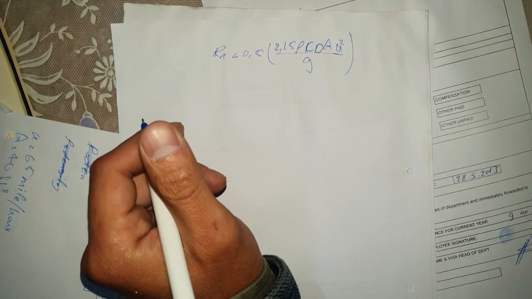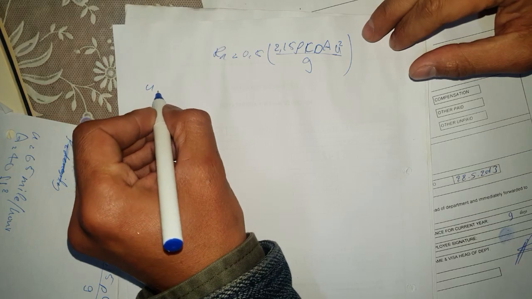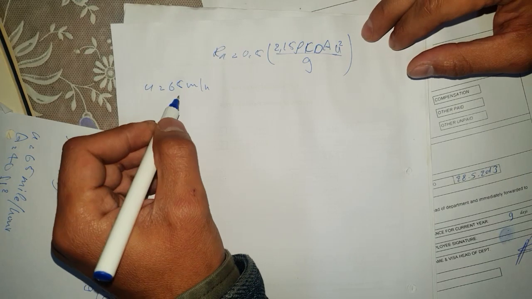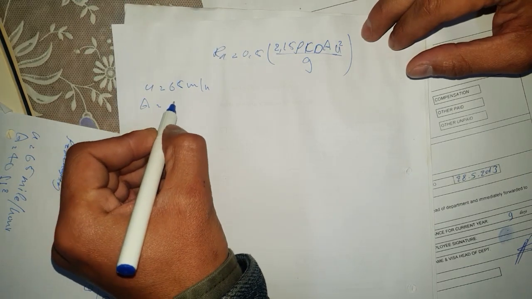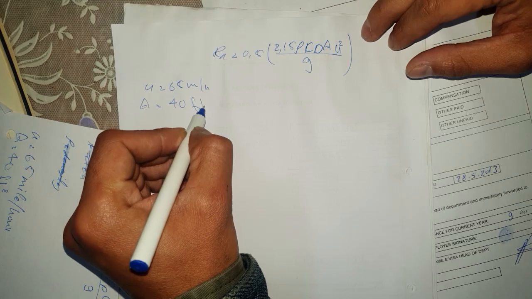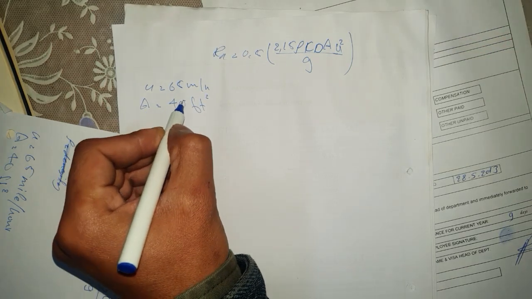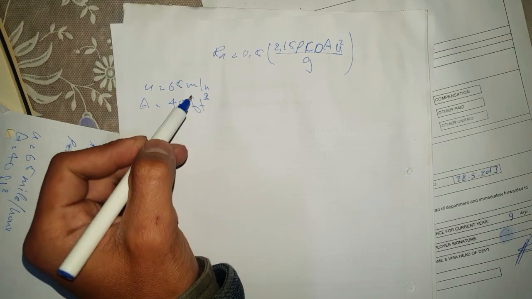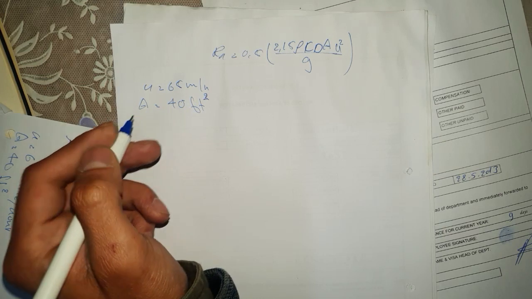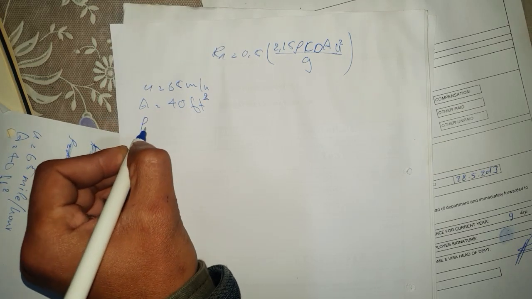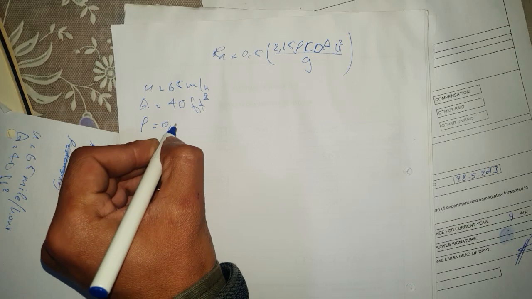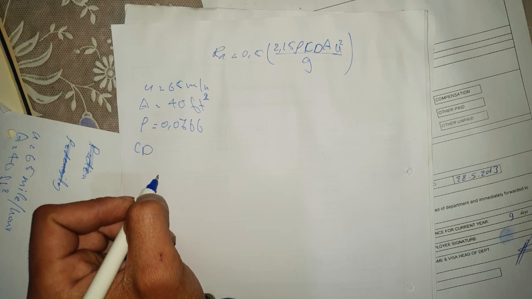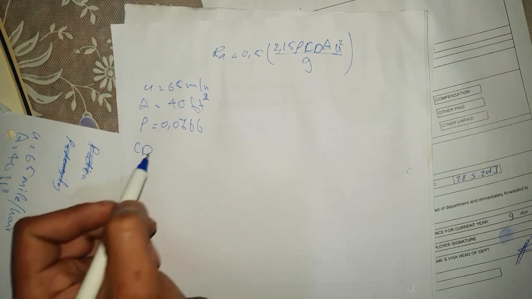So suppose we have a passenger car moving with a speed of 65 miles per hour, and the cross-sectional area is 40 feet squared. As I said, A is the cross-sectional area, so the unit is square feet. And we have the rho, the density of air, which is 0.0766. The CD depends on the kind of car.